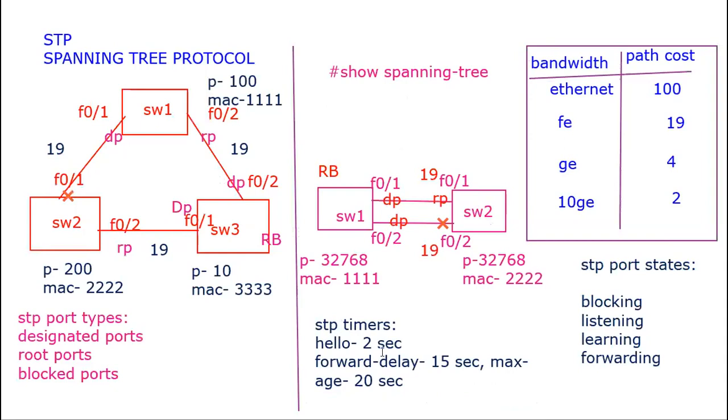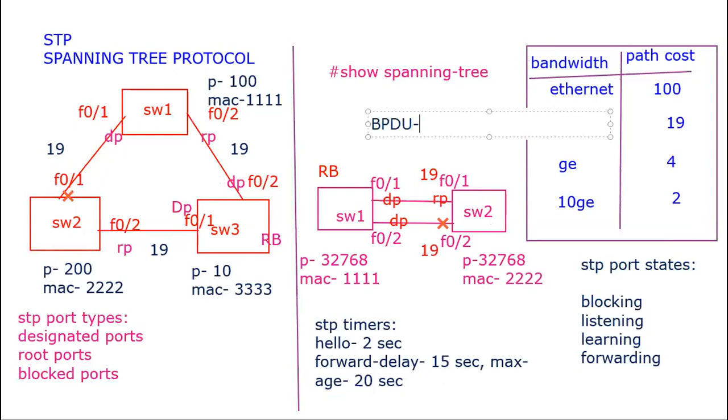When the switches are connected, they send hello packets. Hello packets are just to maintain the keep alive. Similarly, in routing, the routers exchange hello packets to maintain the keep alive. In switches, BPDUs are exchanged, but BPDUs are not periodic. They are sent for the first time for the election process.